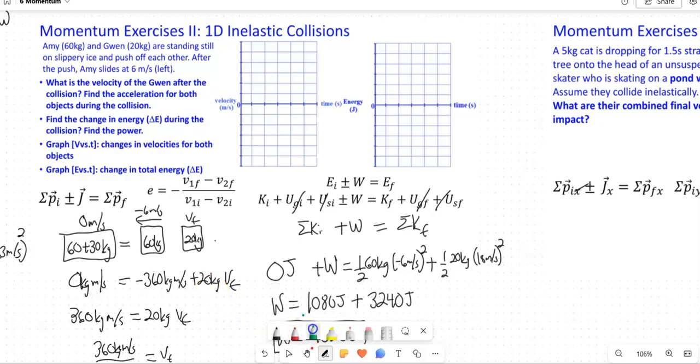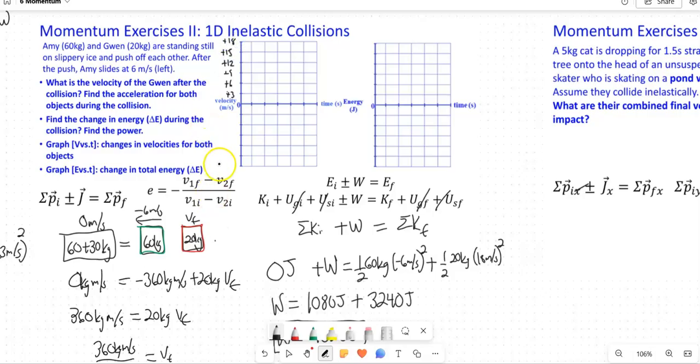So let's use, Amy is going to be green. It's the left one, and the right one is Gwen. Okay. So Amy starts out not moving. Let's go by threes: positive 3, positive 6, positive 9, positive 12, positive 15, and positive 18.